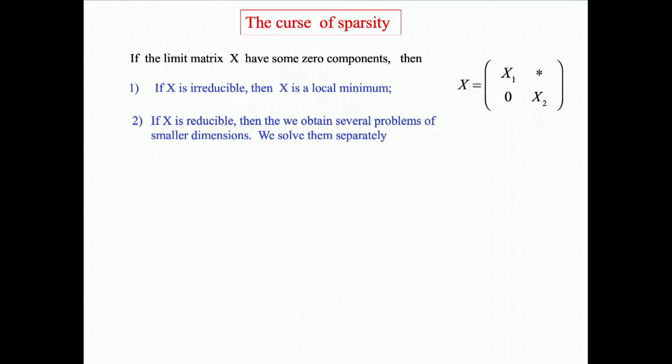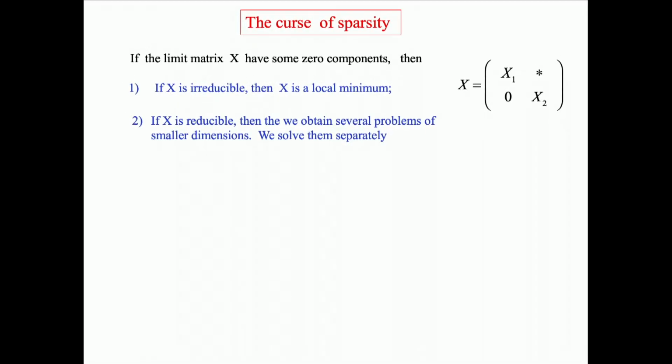But the most complicated case is if the limit matrix is reducible. In this case, of course, the matrix has the factorization, upper triangle block factorization. And after that, this block factorization will be a local minimum. And the problem is decomposed into two problems of smaller dimension.